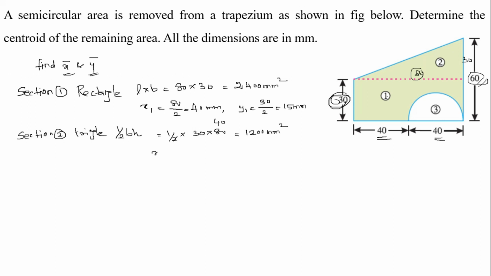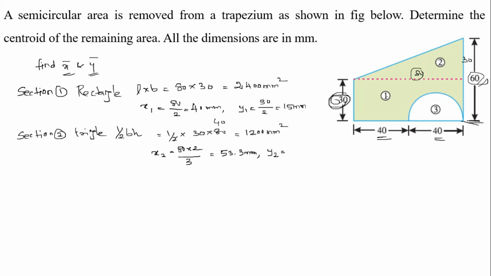Now, we have to calculate x2. x2 is equal to 80 into 2 divided by 3, right, 2h by 3. That is the formula, 2 into h divided by 3. So, what is the value? 53.3 mm. And now calculate y2. Here 30 is there, right.